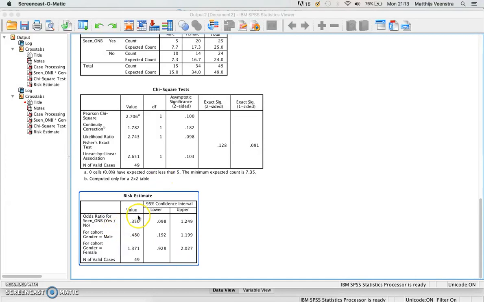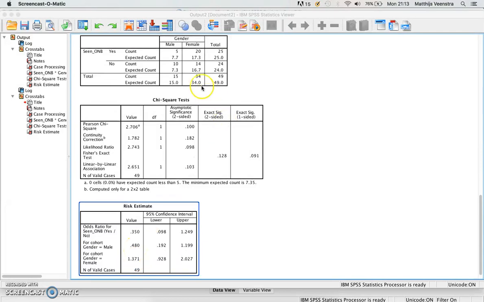Of course, this is all very nice and you can kind of see the direction of the effect. Keep in mind though that you can see it here as well. Like I illustrated, you can already see in this table that males tend to answer that they didn't see it and females tend to answer that they did see it.